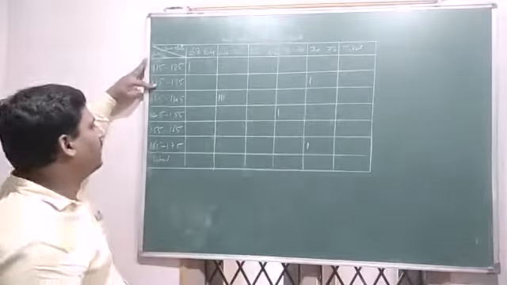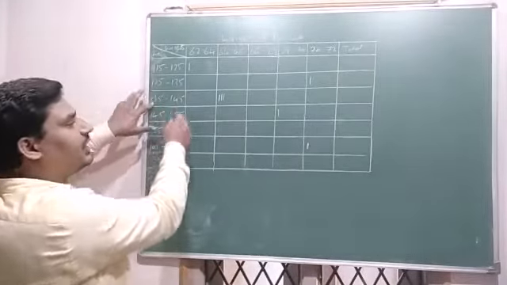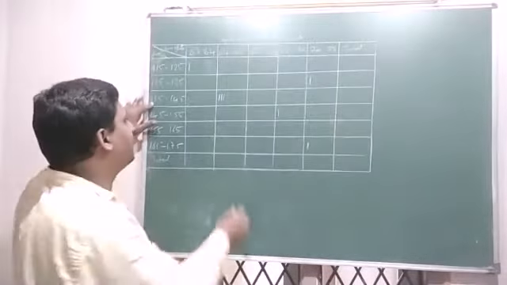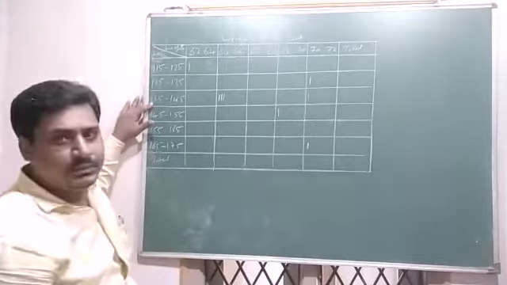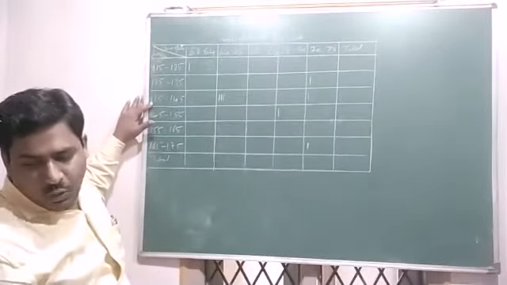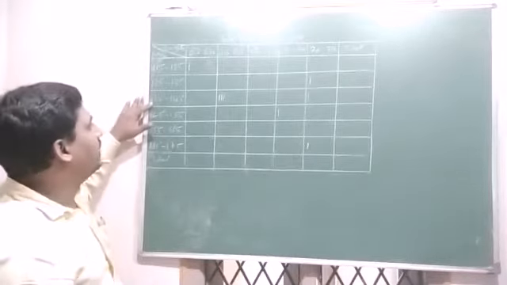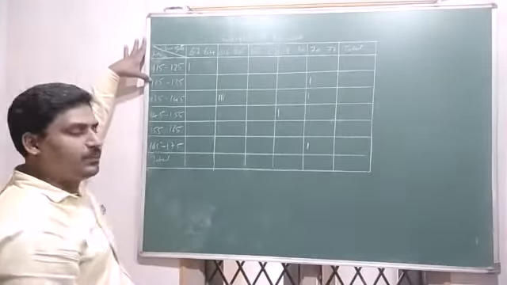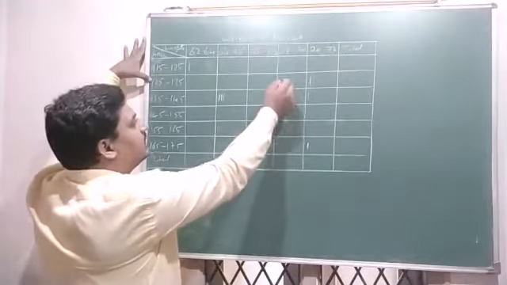And next 143 and 71. 143 lies in this class, 135 to 145, and the weight is 71 kilo. So straight from here 71 in this cell. Next 129 centimeter and 62 kg weight. 129 in this 125 to 135, and 69 weight lies in this.